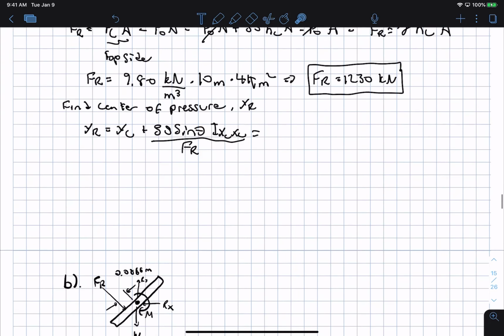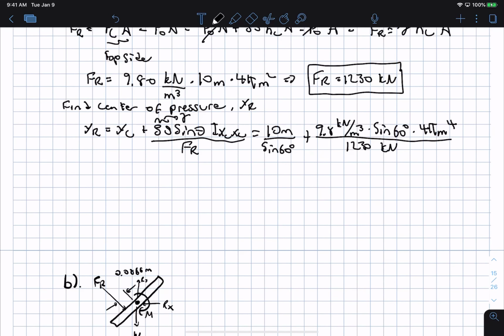Okay? So that equals 10 meters over the sine of 60 degrees plus rho g, which is just gamma, which is 9.8 kilonewtons per meter cubed, times sine of 60 degrees times 4 pi meters to the fourth, which is the moment of inertia about the centroid of the gate, which is circular, divided by the resultant force, which is 1230 kilonewtons.